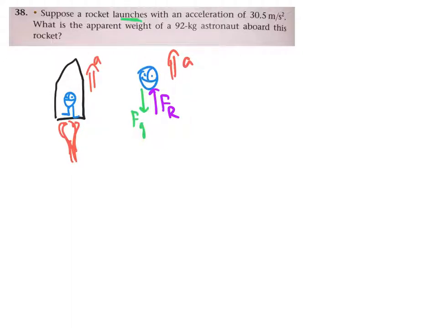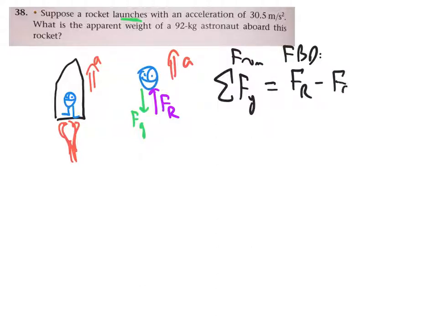So from the diagram, the net force on the astronaut in the y direction is the force of the rocket minus the force of gravity. The minus sign because gravity pulls us down, and we're taking upward to be plus y.